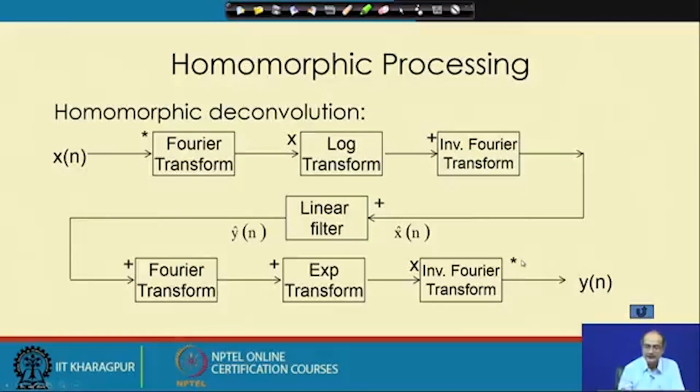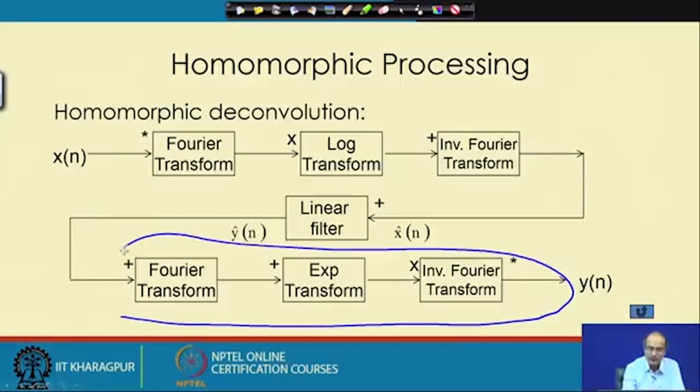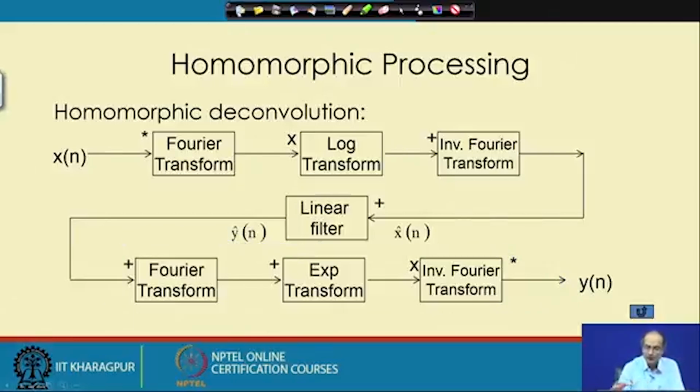We need to perform the rest of the part which we have not shown in the previous diagram. That is how we can complete the process, and with this we complete the part on homomorphic processing.